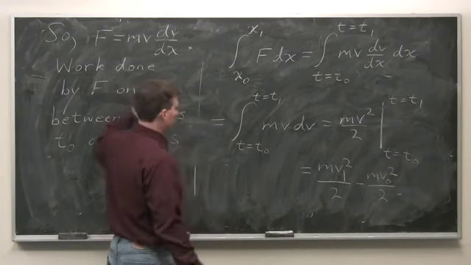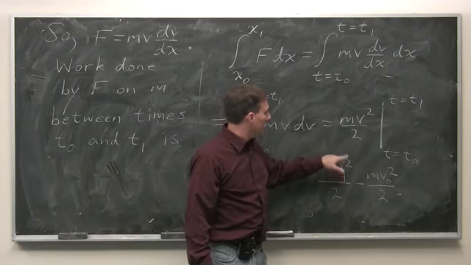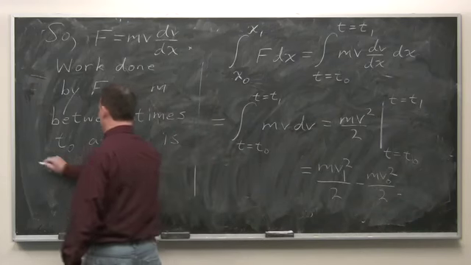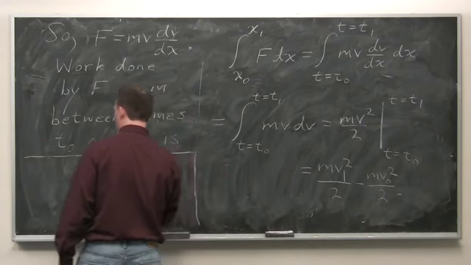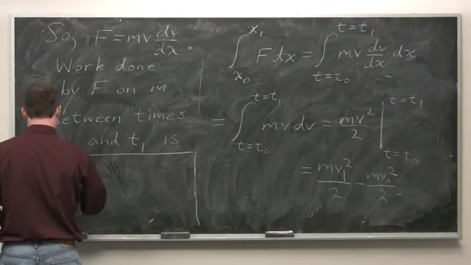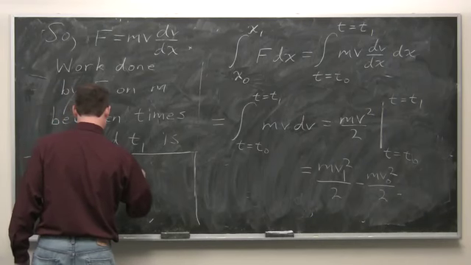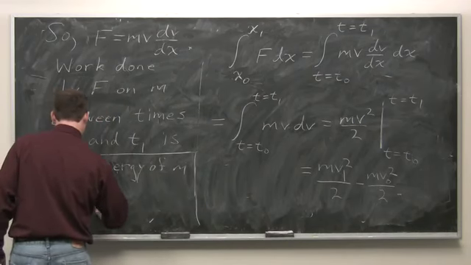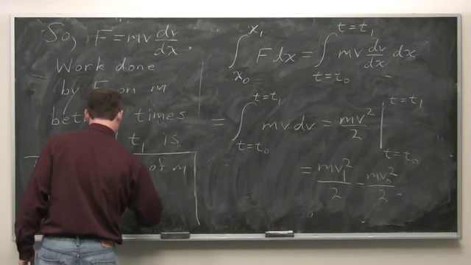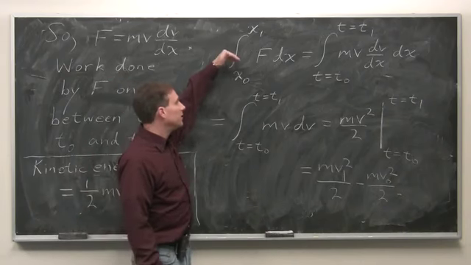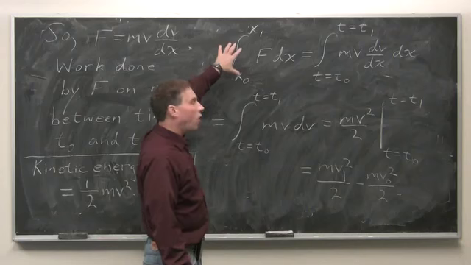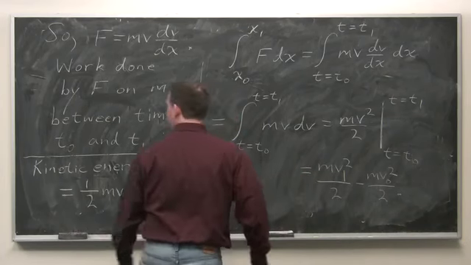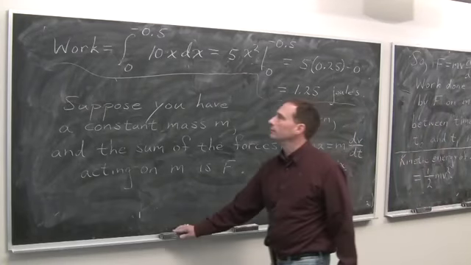It says that the work that you do goes into this change in mv squared over 2. Well, you may or may not have seen the definition of the kinetic energy of a mass. Kinetic energy of m is 1/2 the mass times its velocity squared. So what this says is the work done by all of the forces acting on a mass gives you the change in the kinetic energy. Well, that's kind of cool.